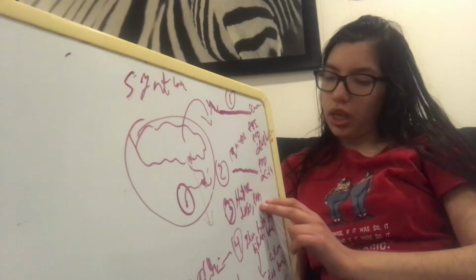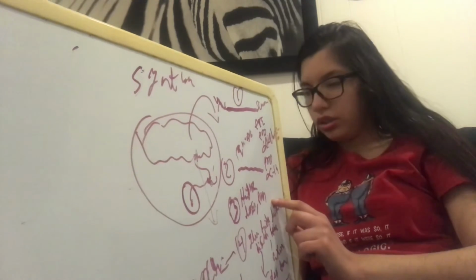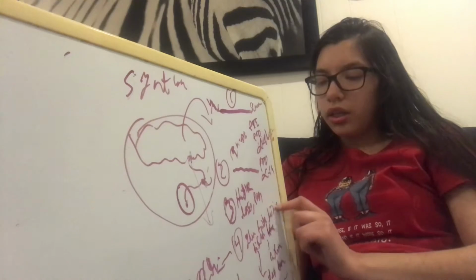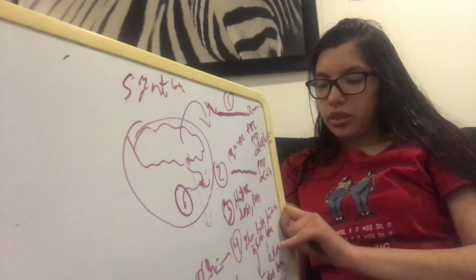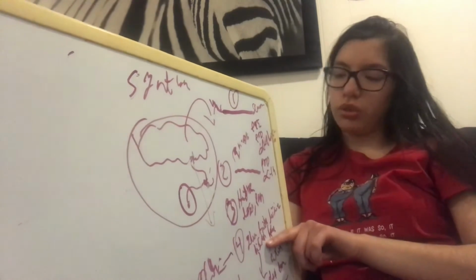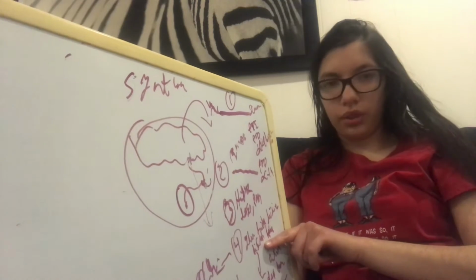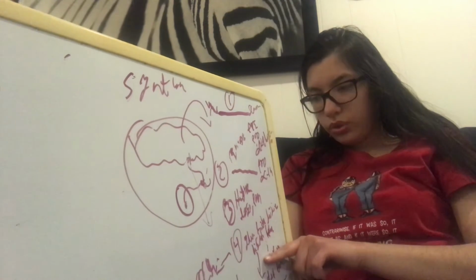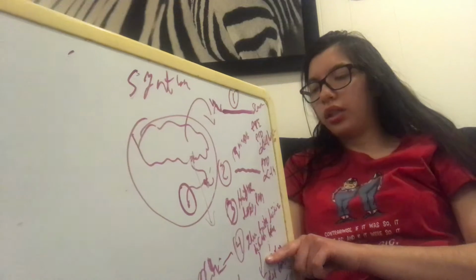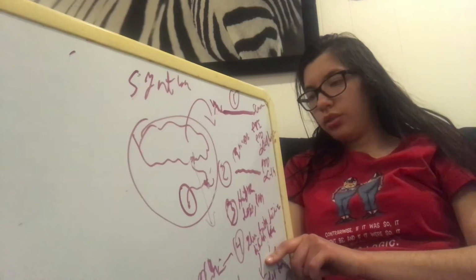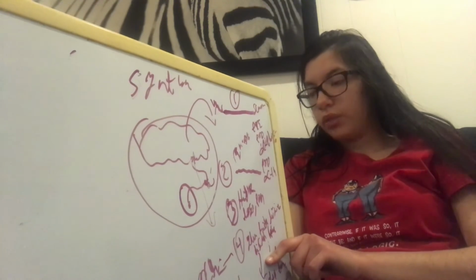Then we have the glycosylation of the hydroxylysine residues, that is on the hydrogen bonds and the sulfide bonds. Then exocytosis, and here the procollagen passes to tropocollagen.